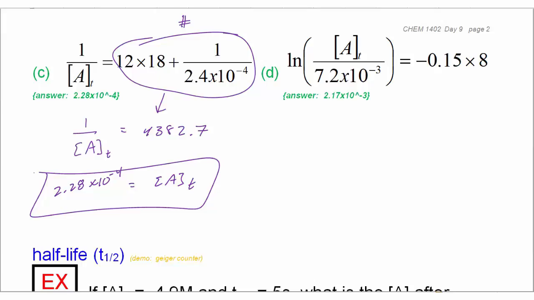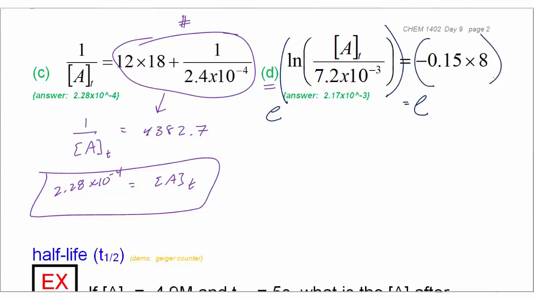Here's another one where in D, see where that concentration of A at time t is our variable? Our variable is inside the natural log, so we're going to have to raise both sides to the e power again. Raise e to this power. So on this side, I'm going to get e to the negative 0.15 times 8.